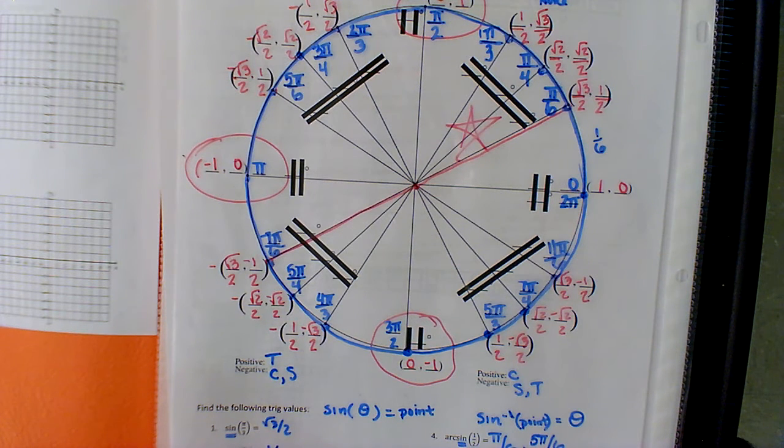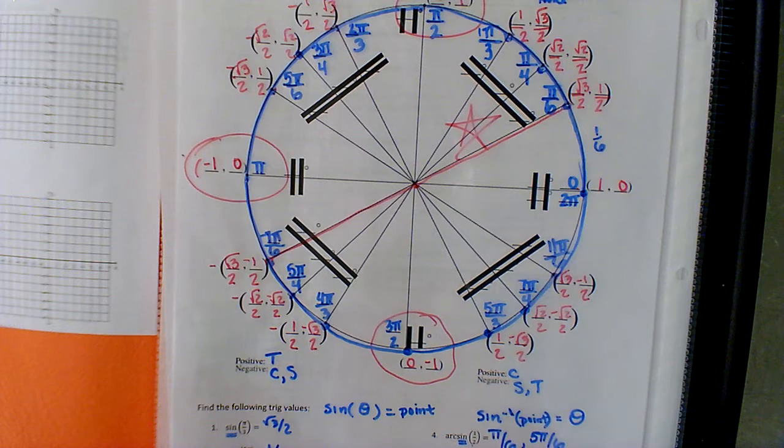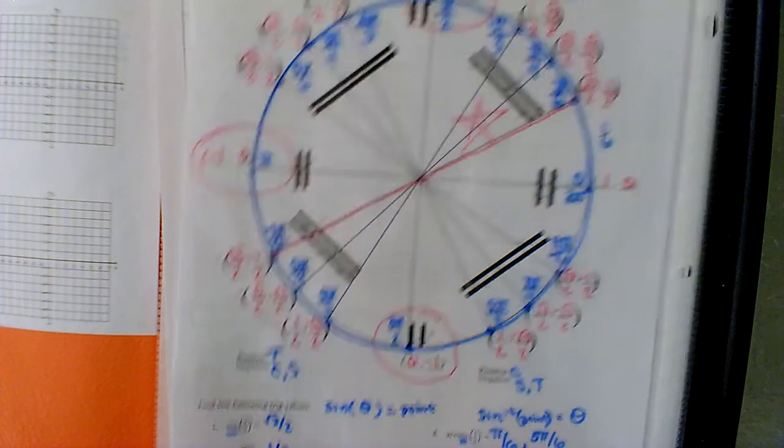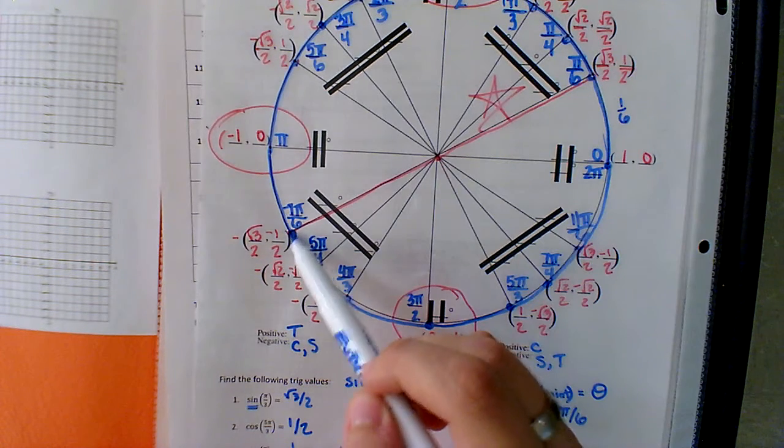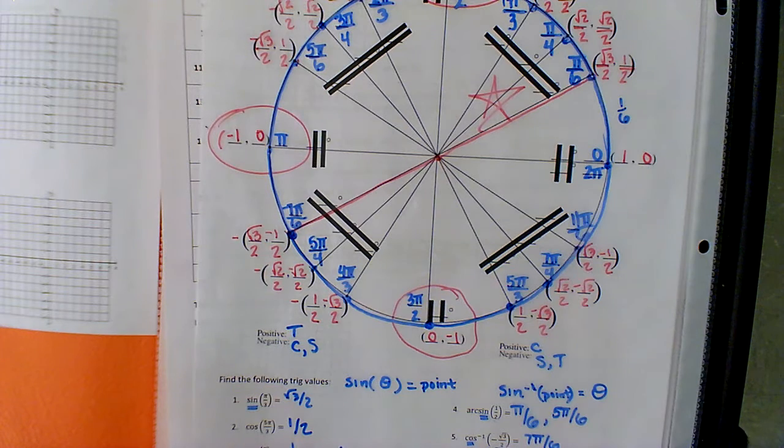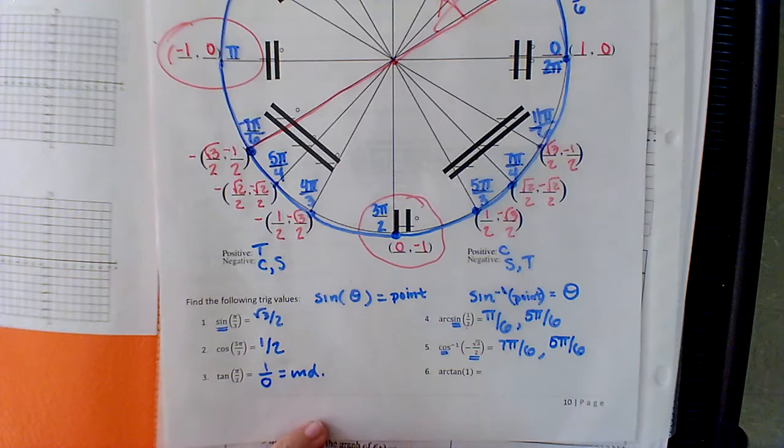Can we find the spot or spots? Go, Cameron. 7 pi over 6. Okay. So that's right here. Good. Another one, Cameron? And 5 pi over 6. Good. Perfect. All right, last but not least.